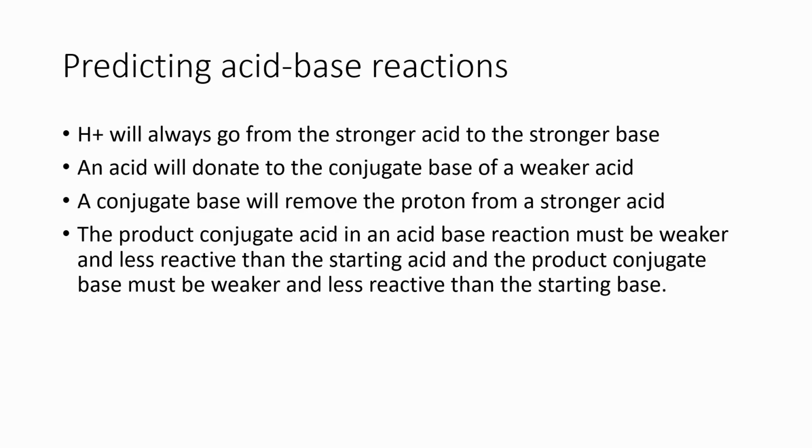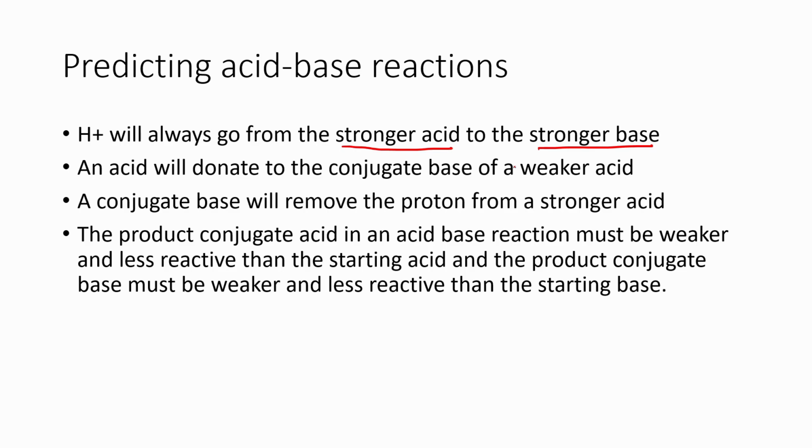To start, hydrogen ion will always go from the stronger acid to the stronger base. Next, an acid will donate to the conjugate base of a weaker acid, and a conjugate base will remove the proton from a stronger acid.